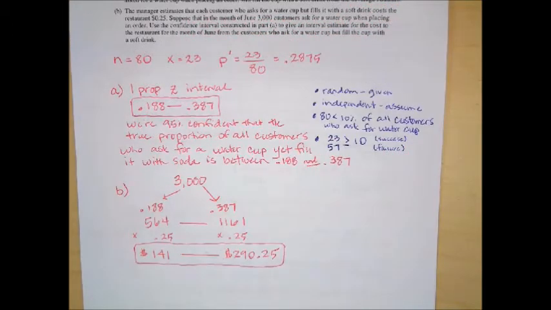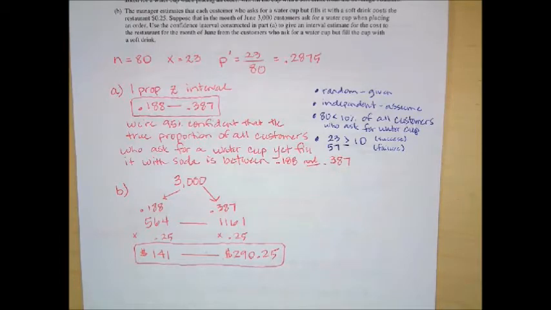The second problem is all about people who ask for water cups at restaurants, but then they go to the soda dispenser machine and they actually get a soda with their water cup. I know nobody's done that.